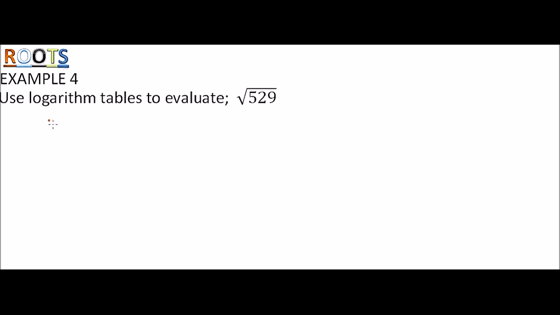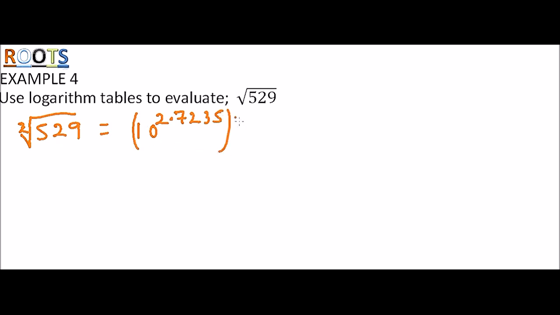Now, in this example, we want to get the square root of 529. So we have the square root of 529 is equals to, we write 529 to the powers of 10, which is 10 to power 2.7235.